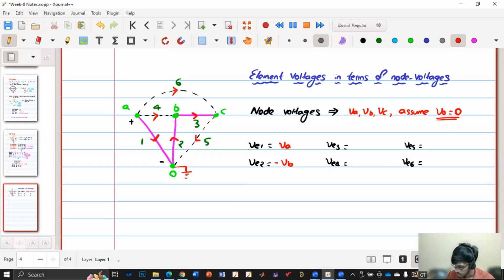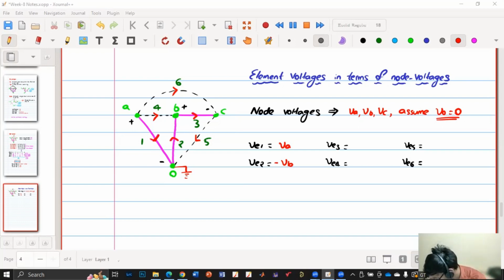VE3 will be equal to VBO minus VCO. Yes, VBO minus VCO, and since VO is 0, it will be VB minus VC. You are right.